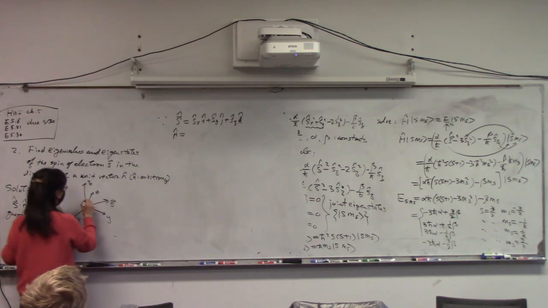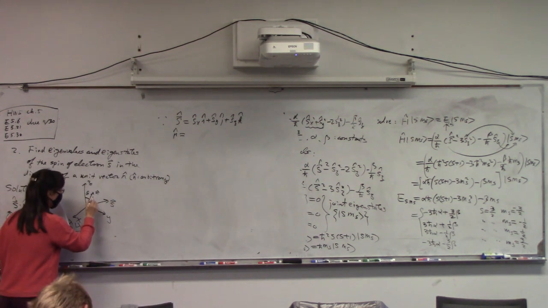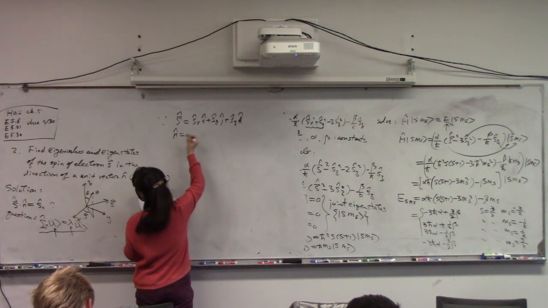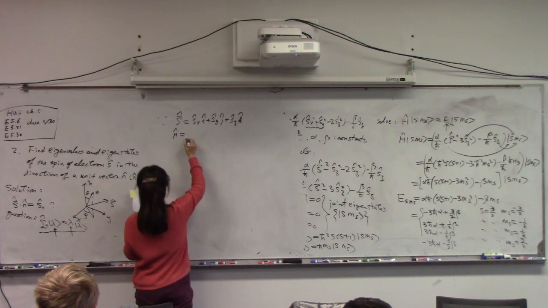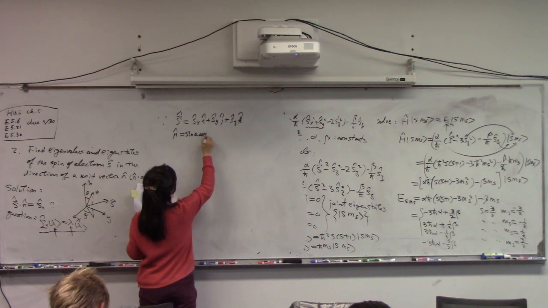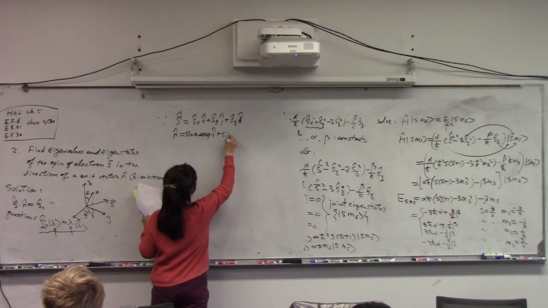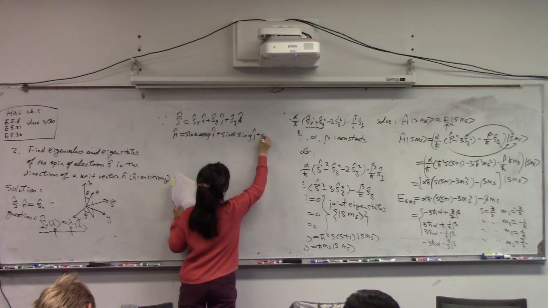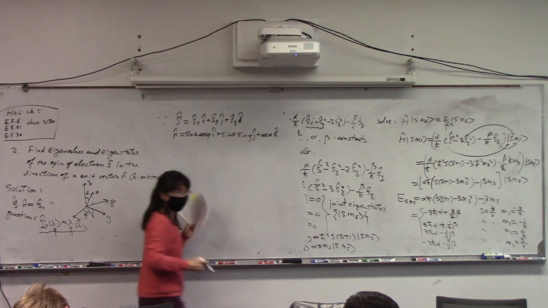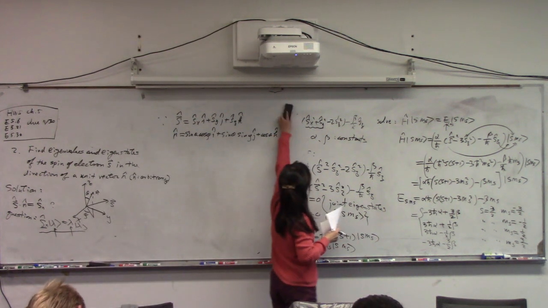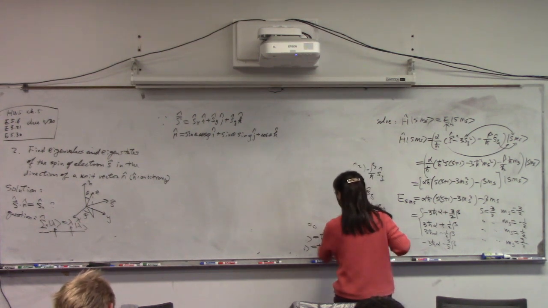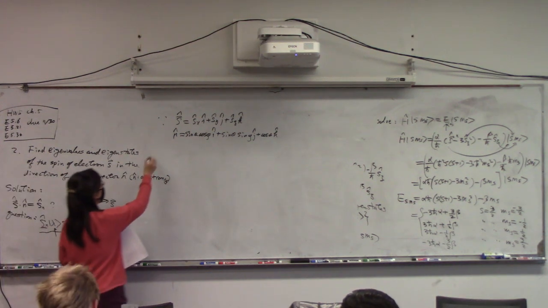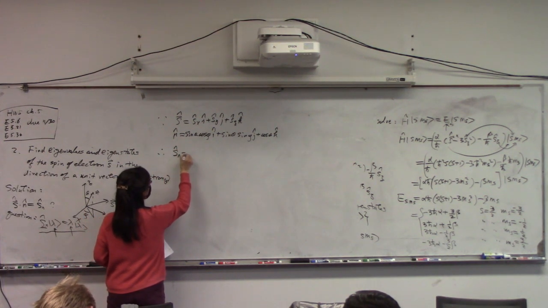If I define this as theta, this as phi, we know the unit vector is sine theta cosine phi along the x direction, sine theta sine phi in the y direction, and cosine theta in the z direction, right?